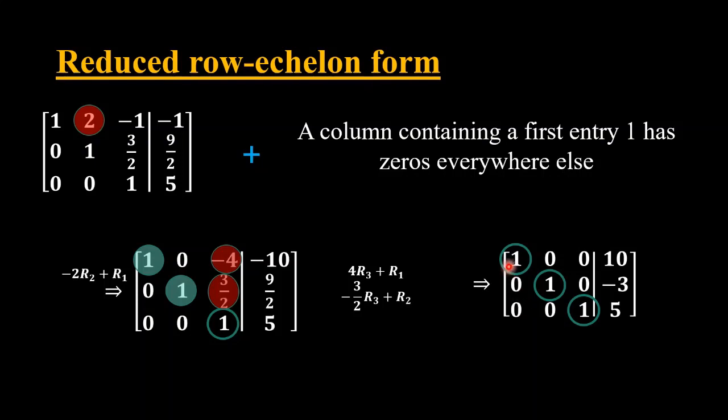And finally, each leading one is the only non-zero entry in its column. So we have satisfied all 4 conditions of the reduced row echelon form.